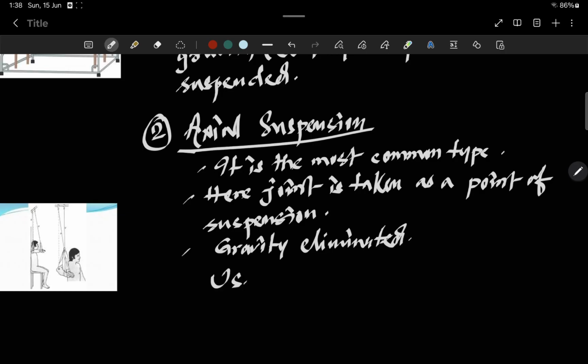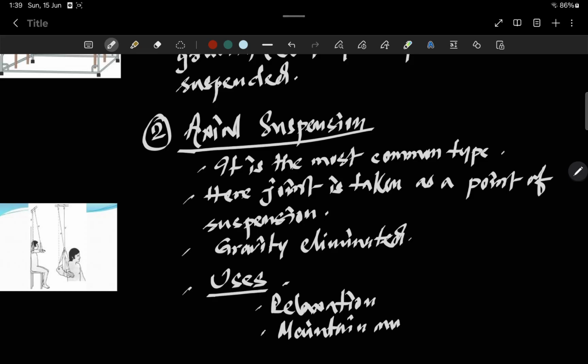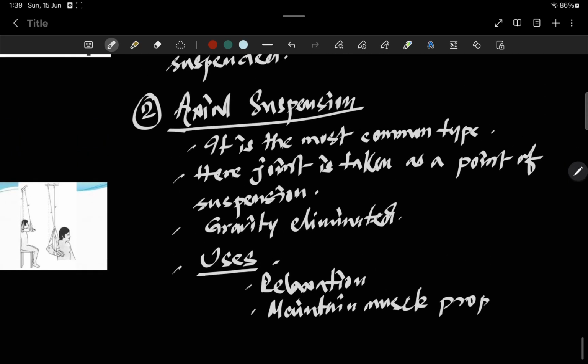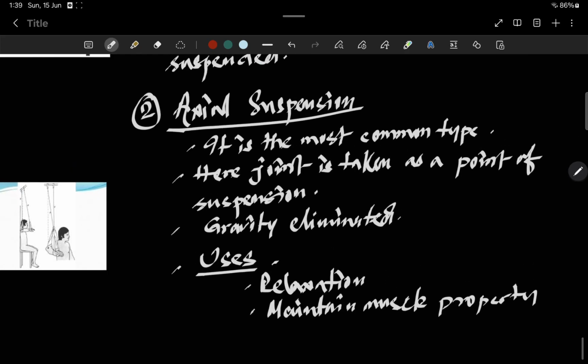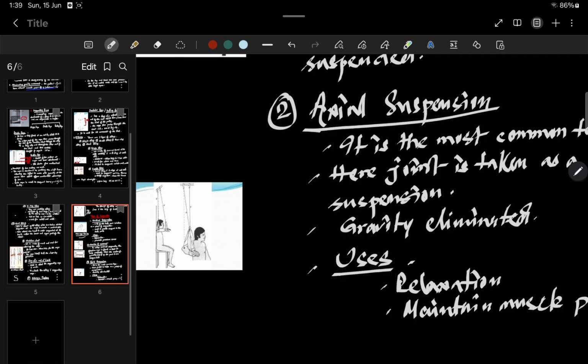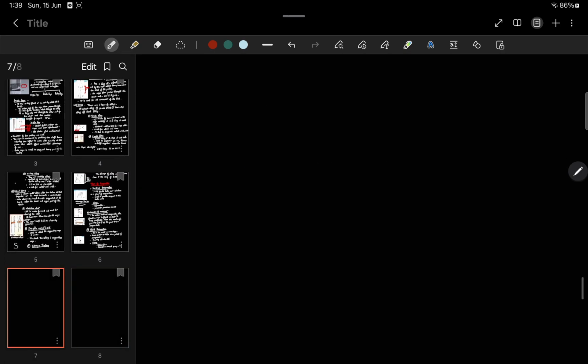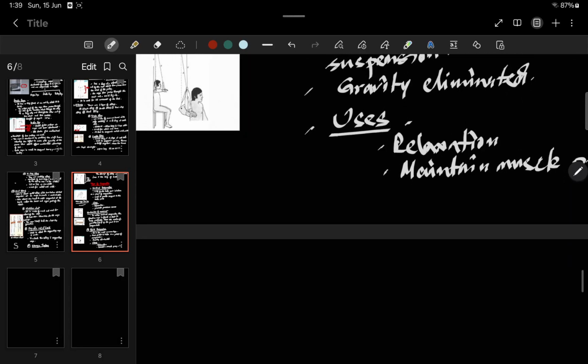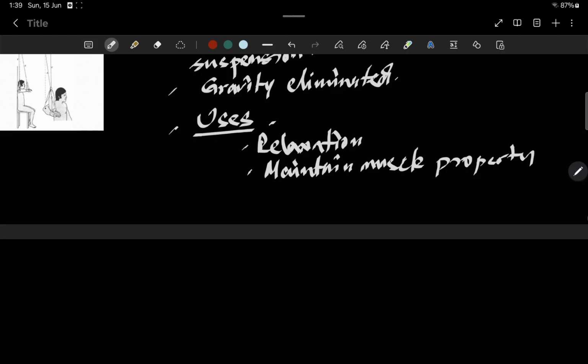Now the uses are it also promotes relaxation and it also maintains muscle property. Maintain muscle property.